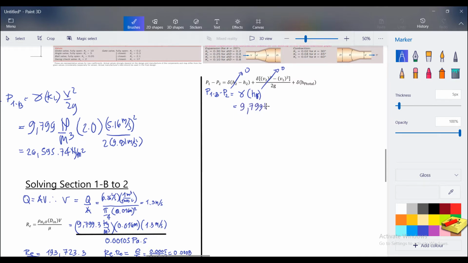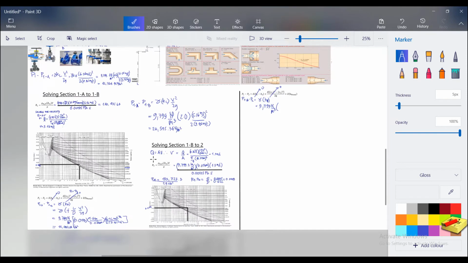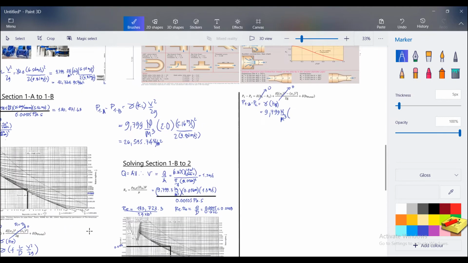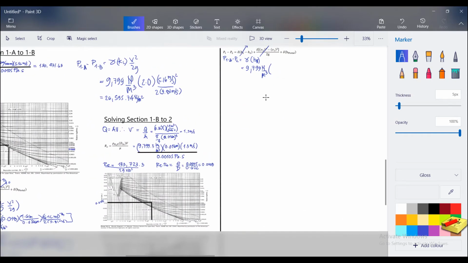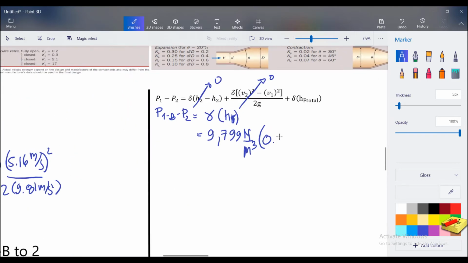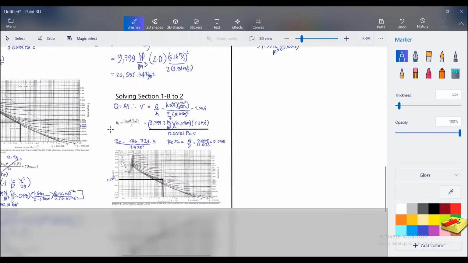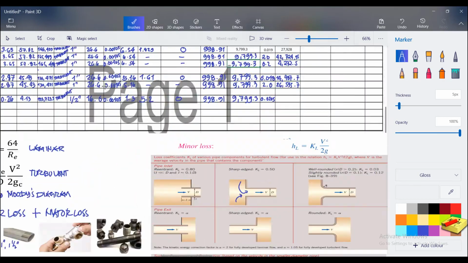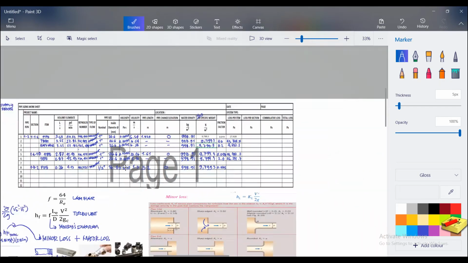So this will be Newton per cubic meter. Then multiply mo ng value ng F, which is 0.0205. Then you have the length of the pipe. How much is the length? So we have 5.2 meters.